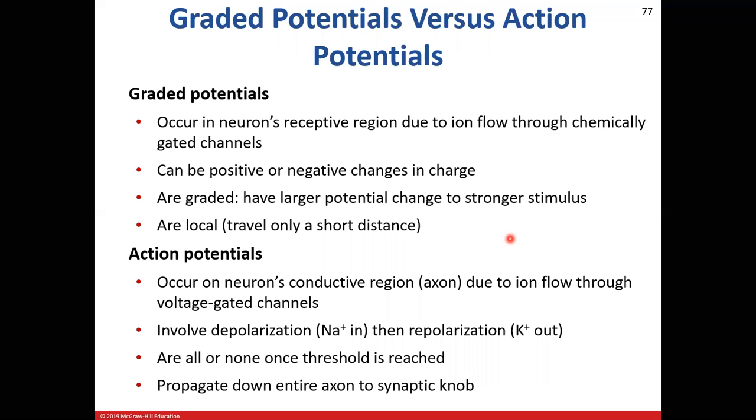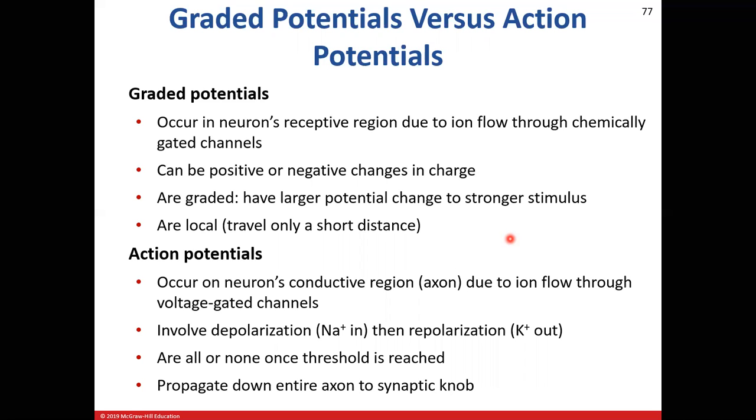Now, action potentials, on the other hand, occur on the neuron's conductive region, or the axon. And it does this due to ion flow through the voltage-gated channels, particularly with our sodium initially. So it involves the depolarization phase, which is sodium flooding into the cell.